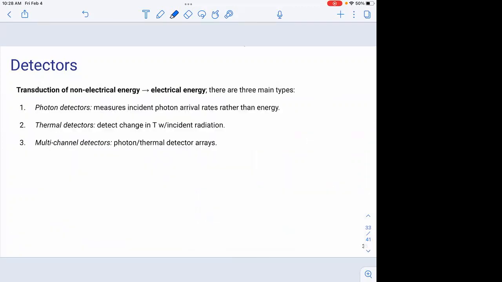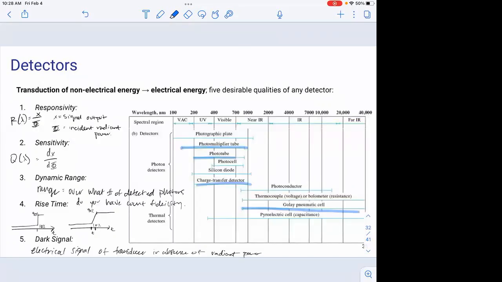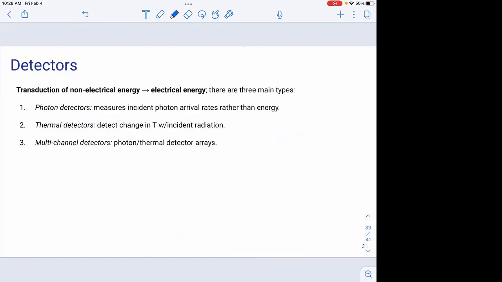So as we go in, there are 3 main categories as I've delineated here. There are some that deal with photons and some that deal with thermal energy. Photon detectors measure incident photon arrival rates, as I alluded to in my previous explanation, rather than the incident change in energy.